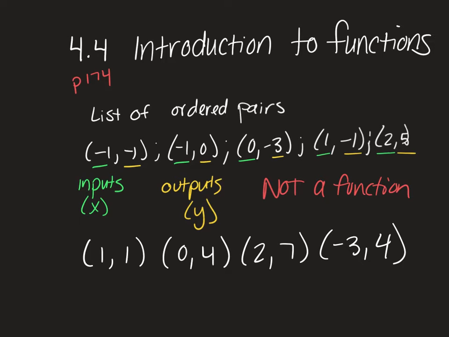Yes, because look at the x values. There's a 1, a 0, a 2, and a -3. None of them repeat. So if you have any repeating x values, it's not a function. If they're all different, then it is a function. Does that make more sense that way? So this one is a function.